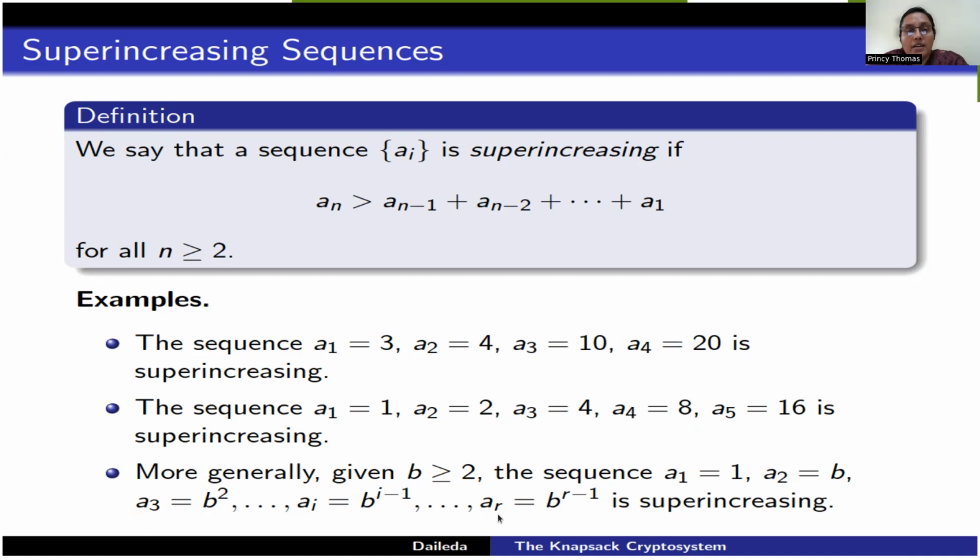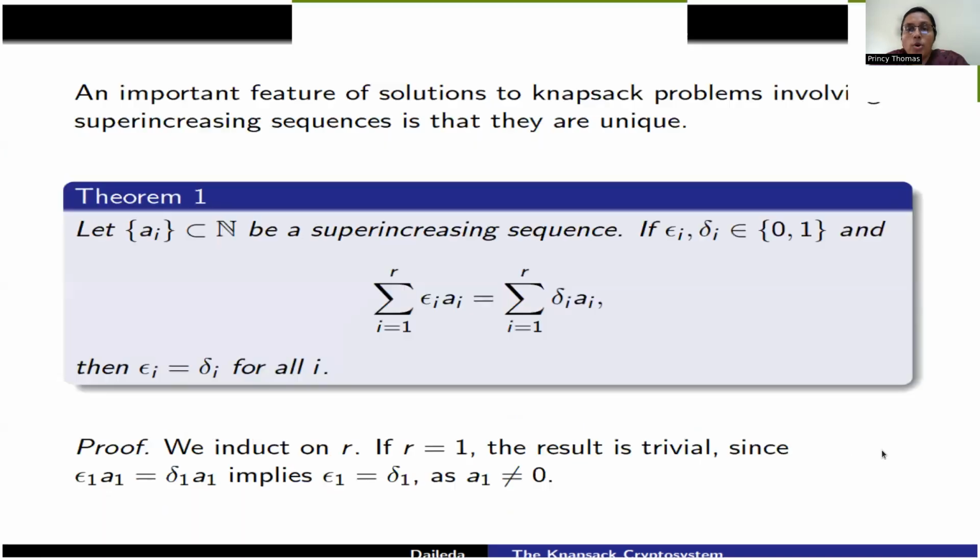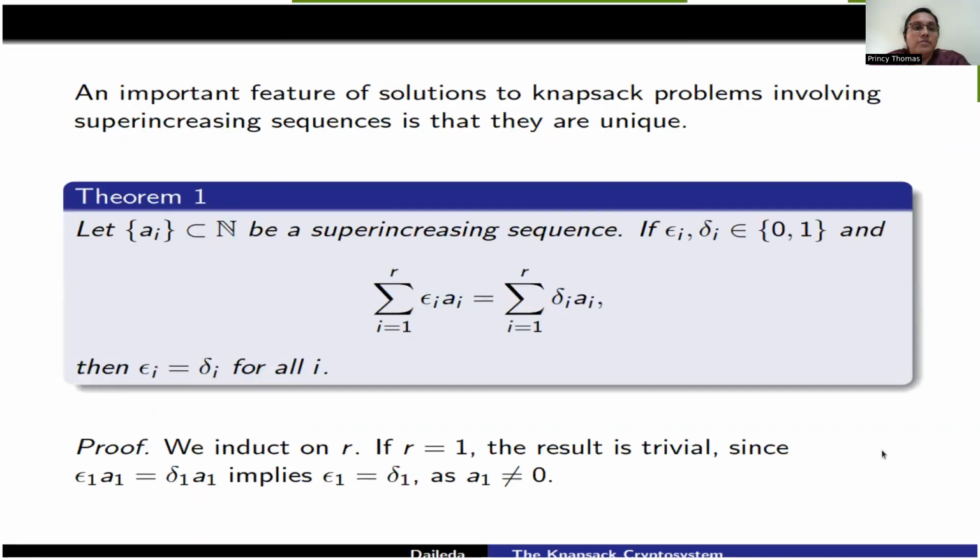So A_r will be equal to B raised to r minus 1. And this will be a super increasing sequence. So these super increasing sequences are used for knapsack cryptography.